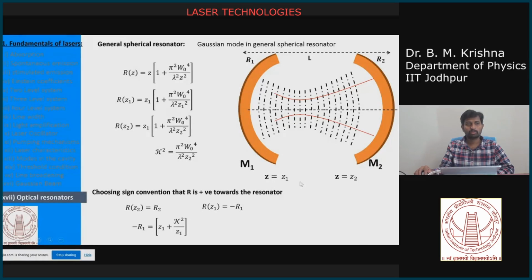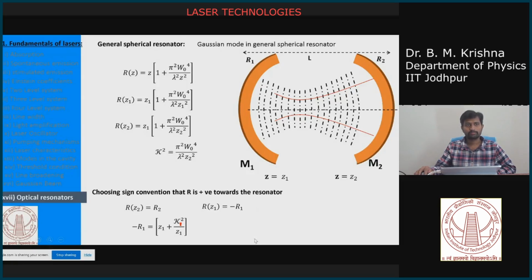Then I am going to substitute: R of Z1 equals minus R1. So minus R1 equals Z1 plus K1 square by Z1, because I am bringing Z1 into the bracket, so one of the Z1 gets cancelled.